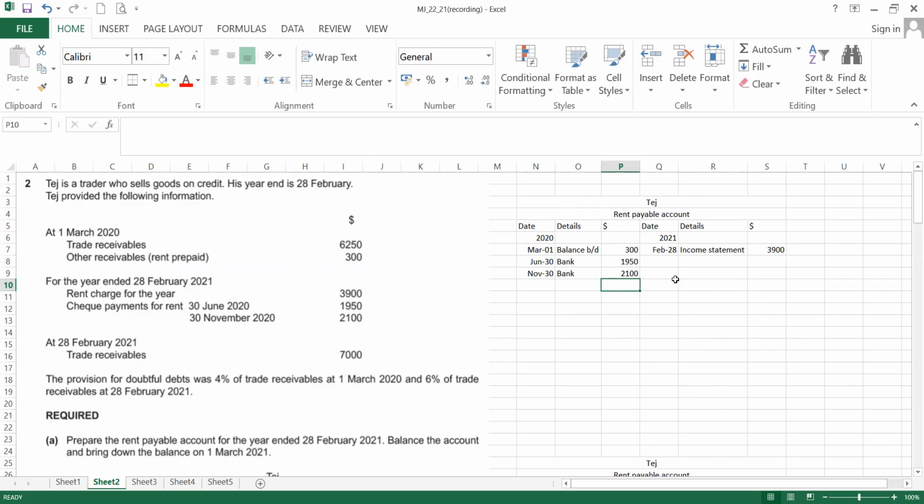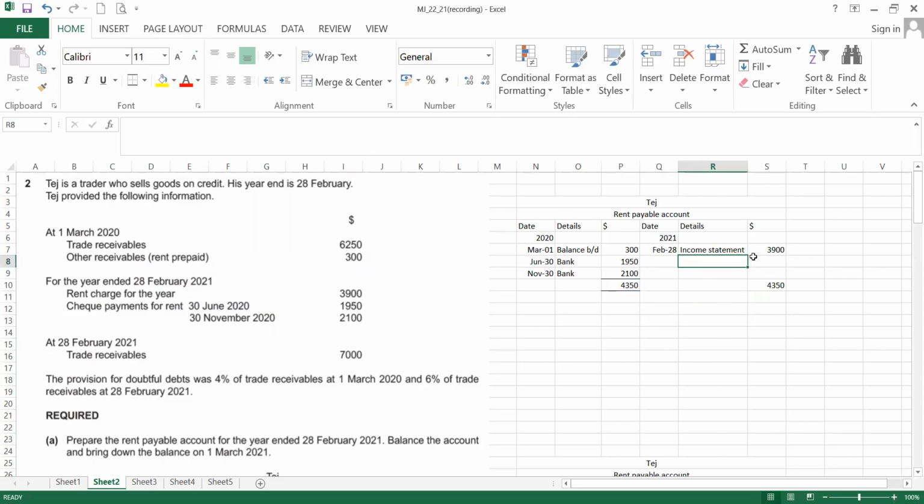So we need to calculate. This question requires us to calculate the balance carried down. So we need to calculate the subtotal. So here is 4,350. So it means that we have the debit balance.